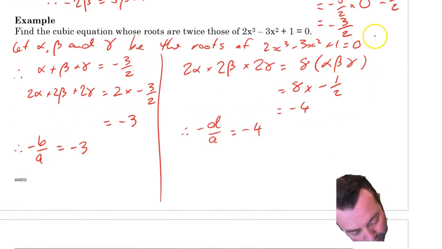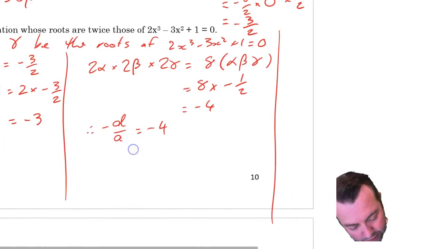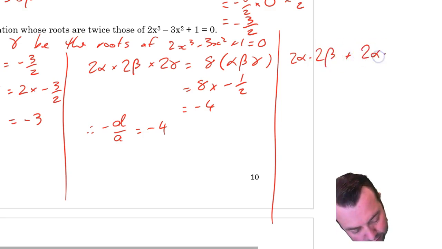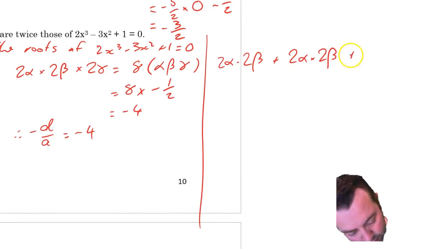We've only got one more to go. Well, this next bit's going to be pretty straightforward. Now, 2 alpha times 2 beta plus 2 alpha times 2 gamma plus 2 beta times 2 gamma.